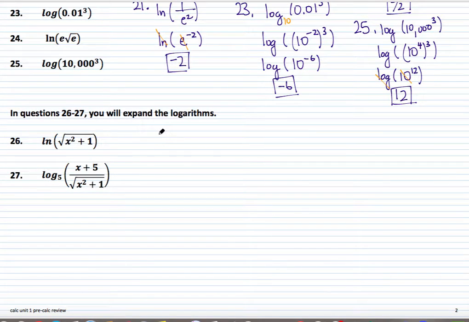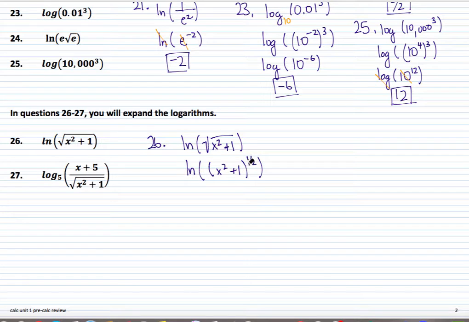Finally, for 26 and 27, I am expanding the logarithms. All we mean by expanding here is breaking them apart if possible. So for 26, I have the natural log of square root of x squared plus 1. And I want to expand this if at all possible. The first step I'm going to do is say ln of x squared plus 1 can be rewritten with this 1/2 power instead of the square root.